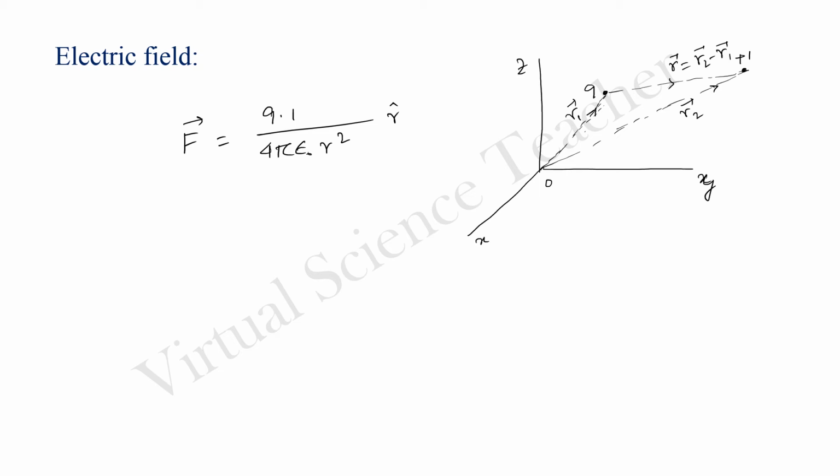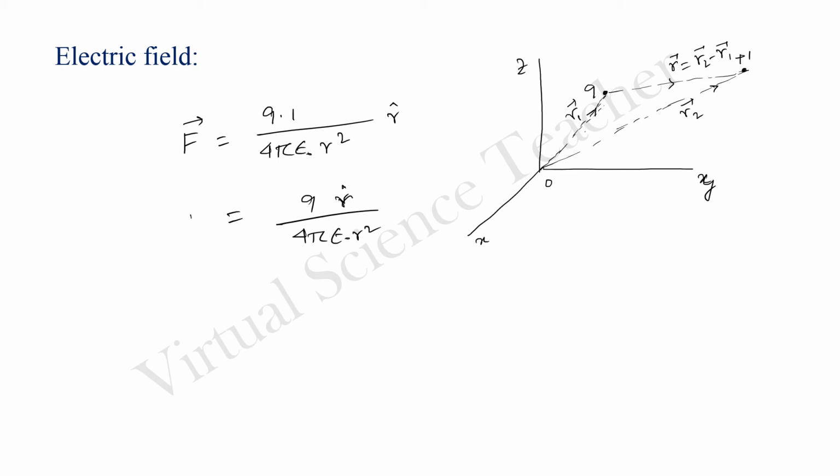From this time I will always denote the force as a vector quantity. And interestingly, this is another term called electric field. The force experienced on a unit positive charge due to a charge placed nearby is called the electric field.